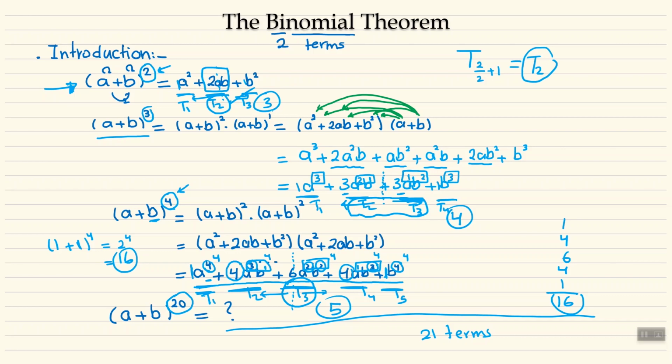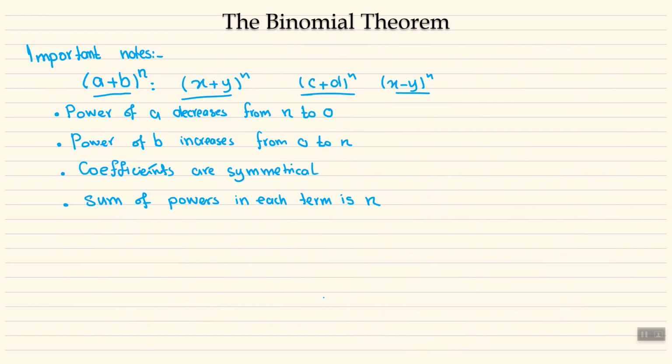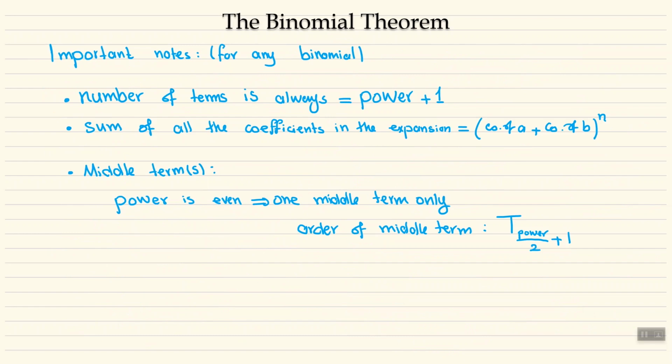Here, T2 is the middle term. If the power is 4, then take T of 4 divided by 2 plus 1. 4 divided by 2 is 2. 2 plus 1 is 3. So it's going to be T3. So the middle term is T3. So whenever the power is even, we will have only one middle term. And how do we get the order of that middle term? We divide the power by 2 and we add 1.